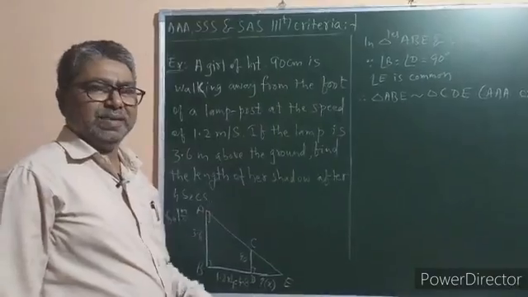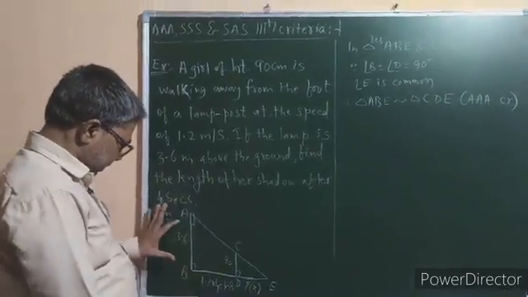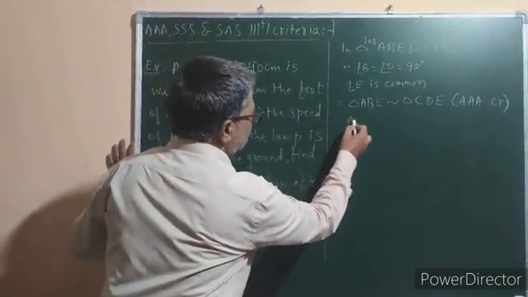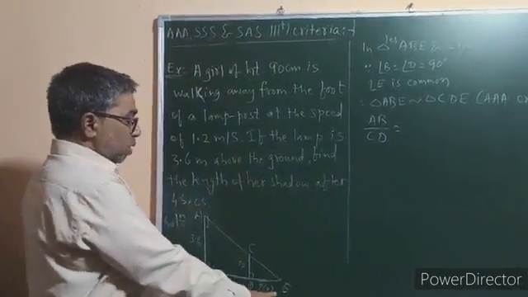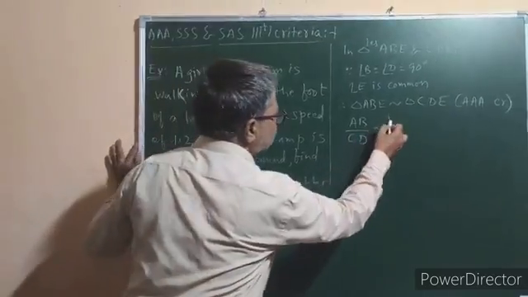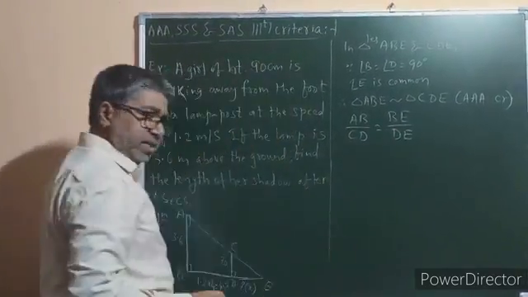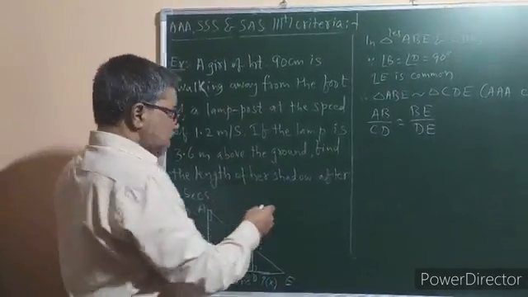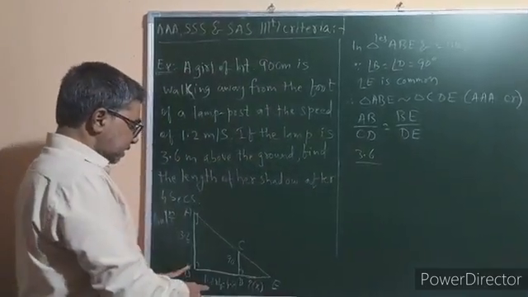If triangles are similar, then their corresponding sides are in proportion. So hence AB upon CD must be equal to BE upon DE. Now let us put in the values. AB is 3.6 upon CD.